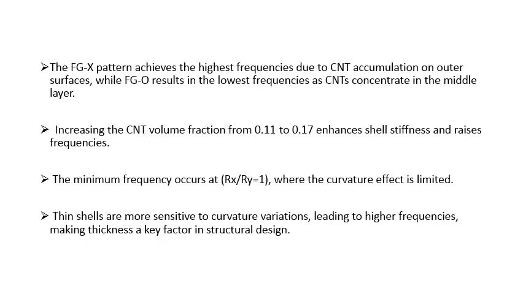The result shows the FGX pattern achieves the highest frequencies due to CNT accumulation on the outer surfaces, while FGL results in the lowest frequencies as CNTs concentrate in the middle layer. Increasing the CNT volume fraction from 0.11 to 0.17 enhances shell stiffness and raises frequencies.